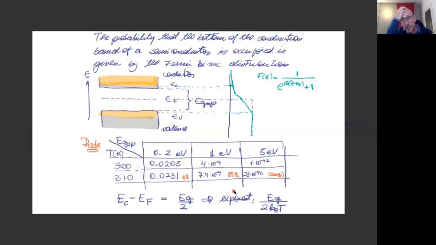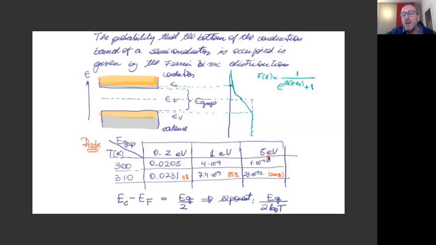And this is 13% larger than this, only by 10 degrees. If the difference is 1 electron volt, look what happened with the probability. The probability goes to 10 to the minus 9. Even though there is almost a 100% difference, twice the value from 300 to 310, the numbers are very small. This is 10 to the minus 9.